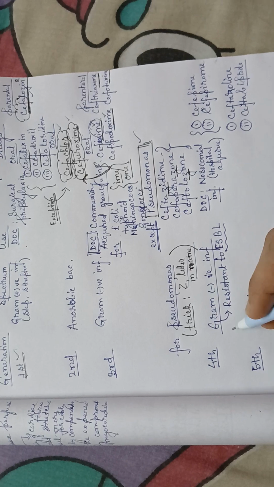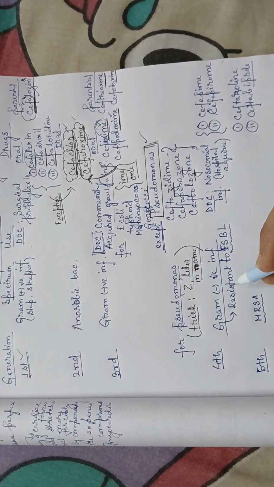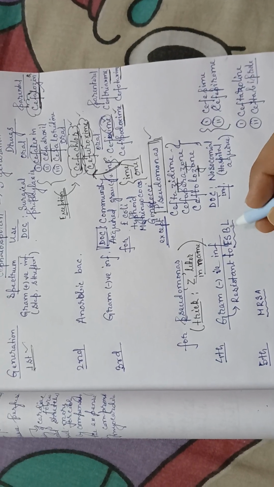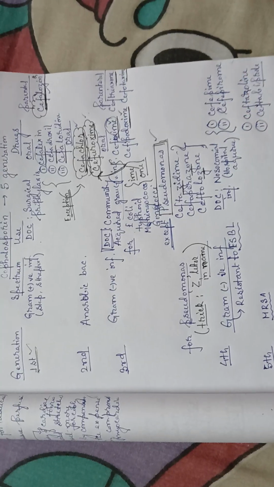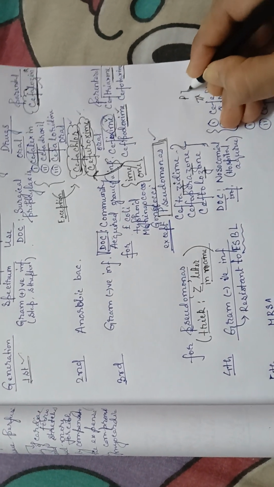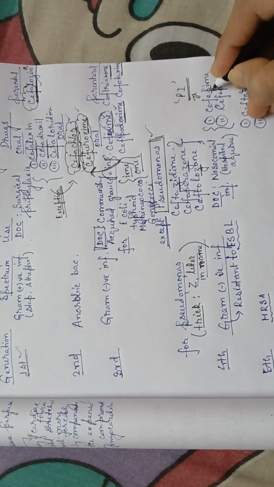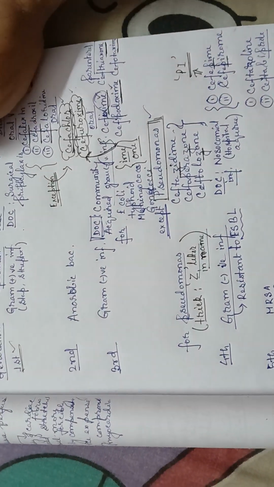Now for the fourth generation of cephalosporin, spectrum: gram-negative infection resistant to ESBL, that is extended spectrum beta-lactamase. Here two drugs, and the trick is that in the name there is pi. So cefepime or cefpirome.